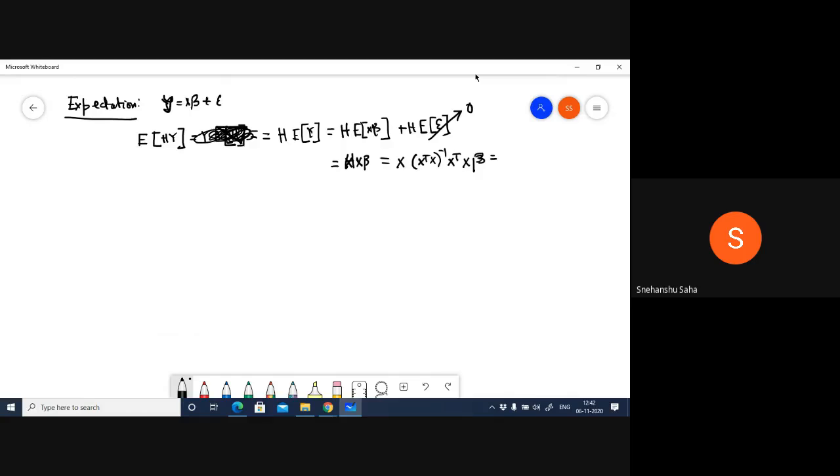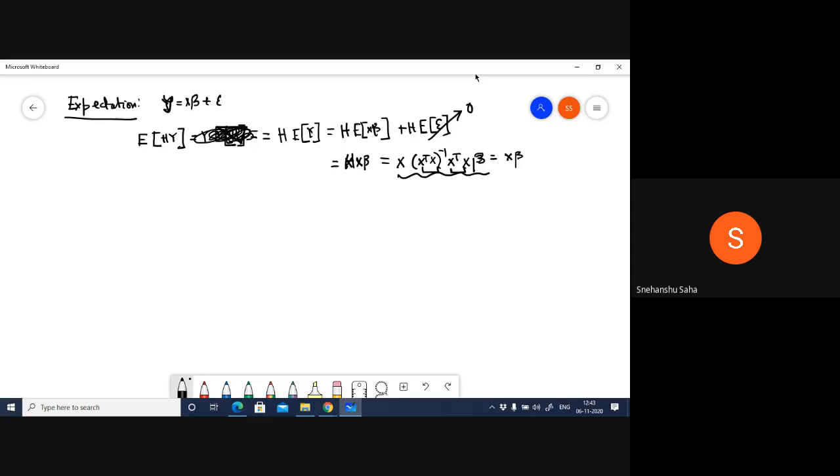Can you tell me what this will simplify to? Well, this x transpose x inverse x transpose x is what? It's just the identity matrix, right? So this is nothing but x beta, which is what it should be.